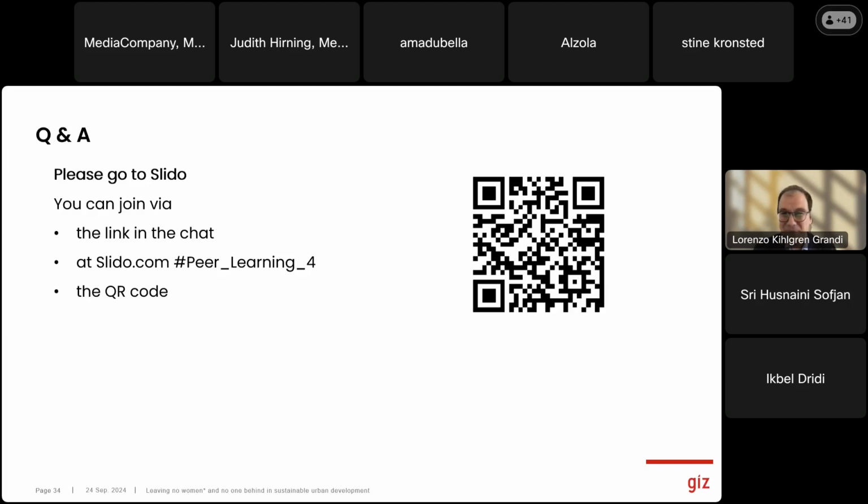And I can see that there are already three questions popping in through Slido. There is a first one coming from Rowena Wilson in the Netherlands: What methods can be used to analyze the effectiveness of participatory approaches in urban planning?